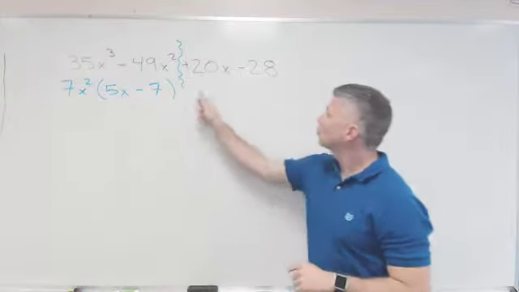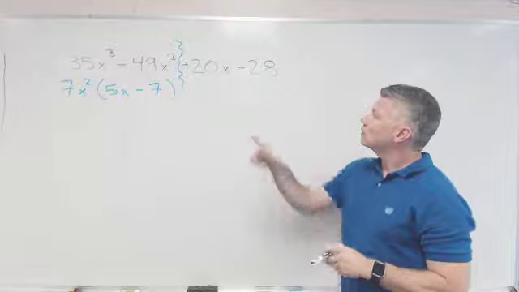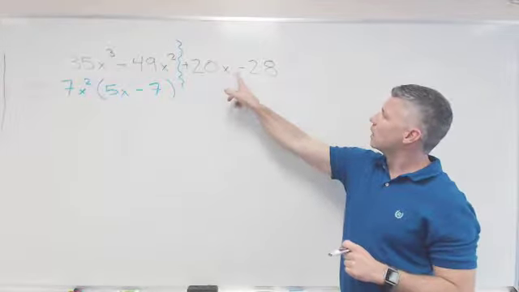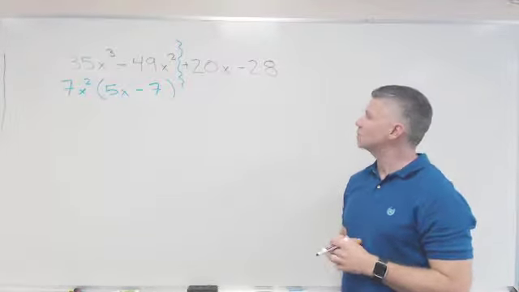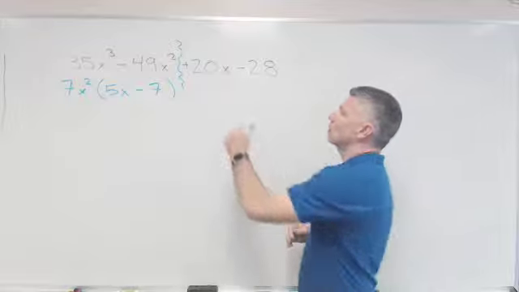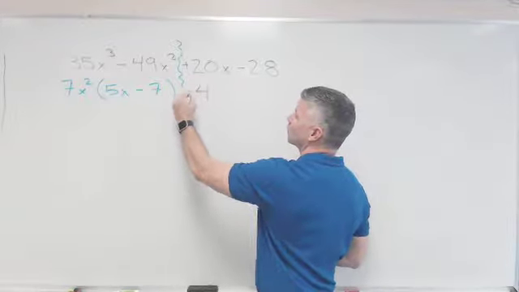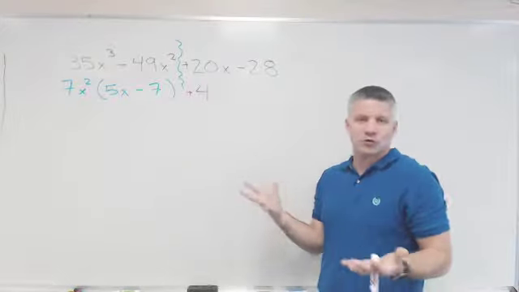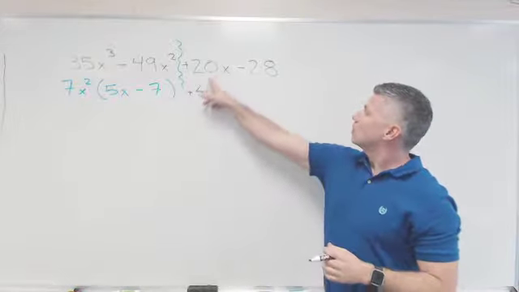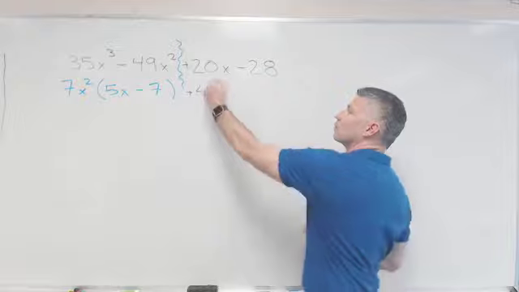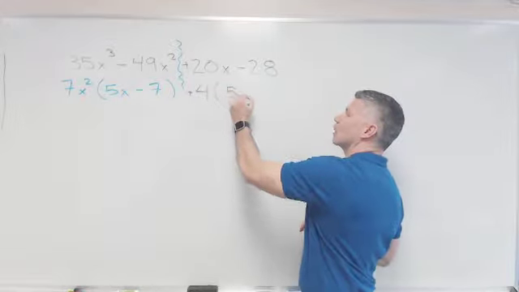Now let's do the right side. Greatest common factor of 20x and negative 28. How about a 4? Even though we don't have a sign, let's call it a positive 4, because 4 is positive. 20x divided by 4, 5x.